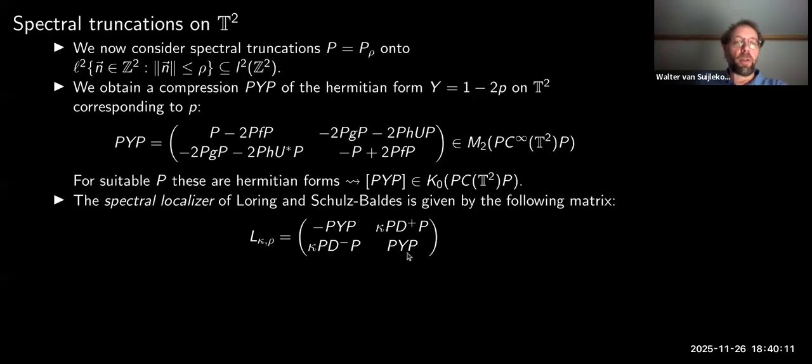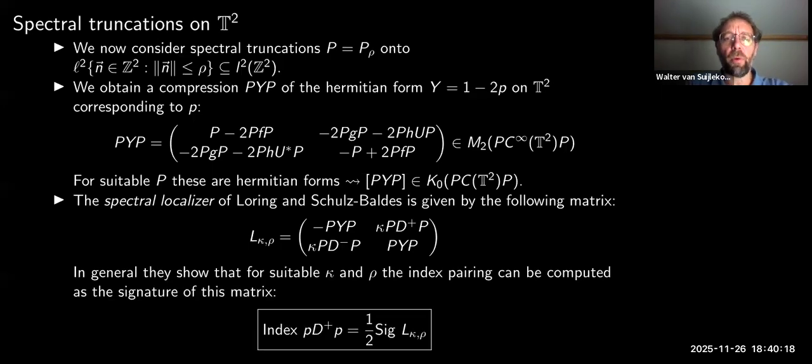And so the question is, do you get some index back from this? What they show is that there are certain ranges of kappa and rho for which the index pairing of PDP, so small p here, the one that you have in infinite dimensions, so the pairing between the K-homology class represented by the Dirac operator and the K-theory class of the Loring projection, can be computed to be the signature of this finite-dimensional matrix.